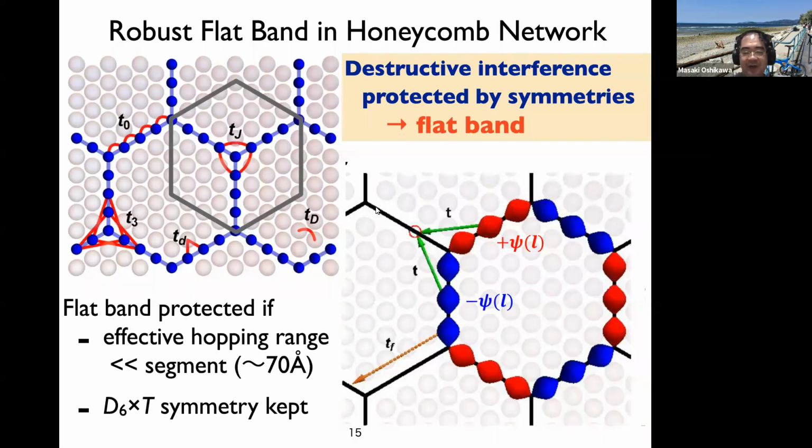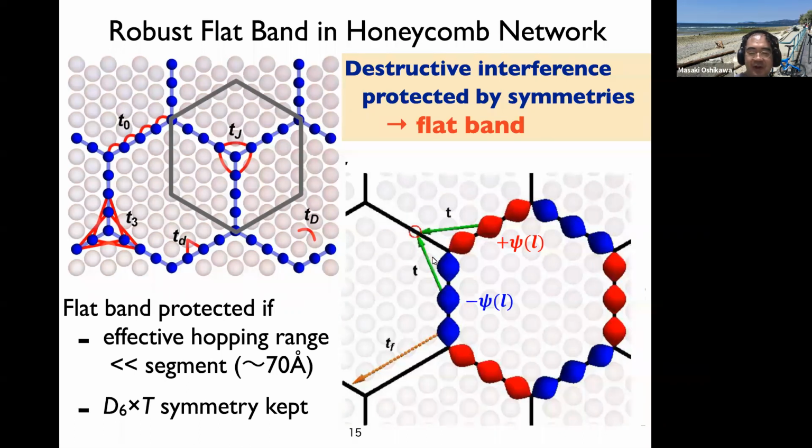Or if you break the symmetry, this reflection symmetry, then this hopping and this hopping are no longer cancelling with each other. So in that case, electron can escape. So this is kind of a symmetry protected flat band, as long as the hopping is sufficiently short. And in case of tantalum disulfide, which we are discussing, as I said, the domain size is around 70 angstrom.